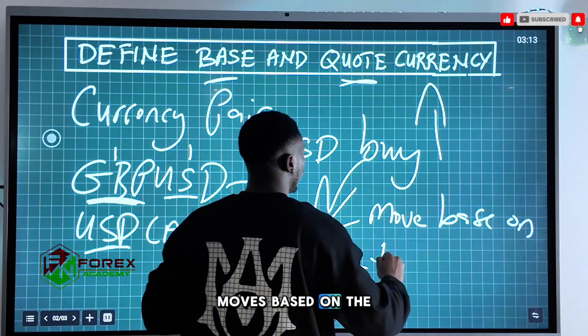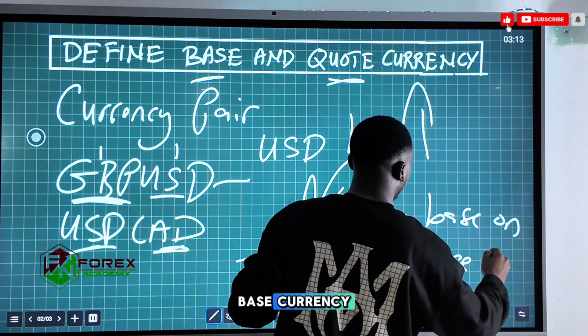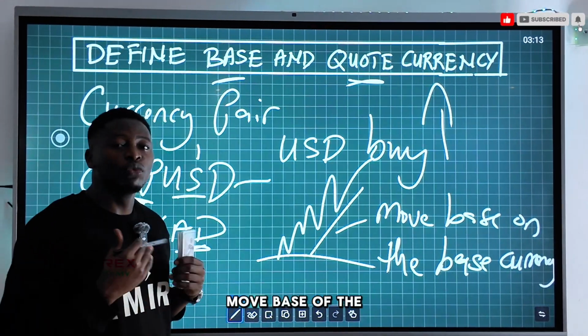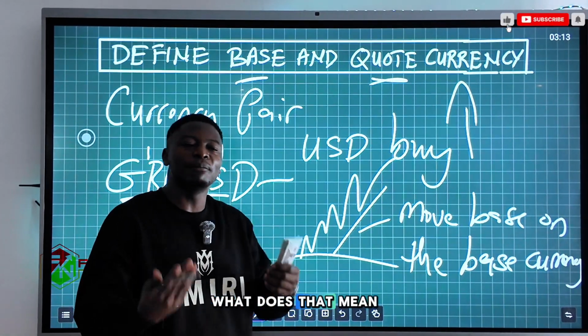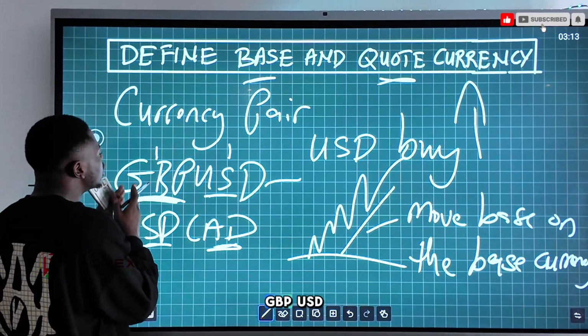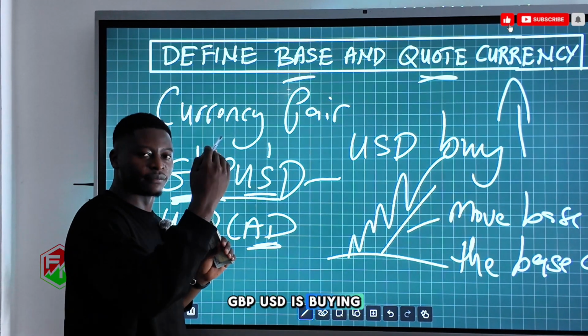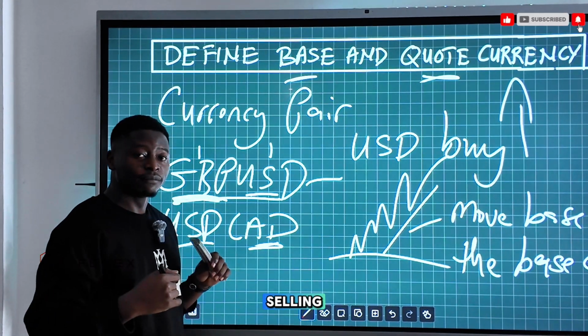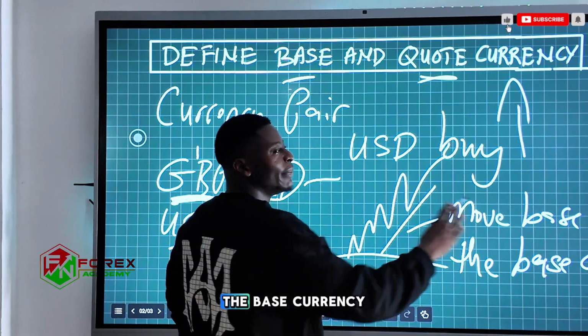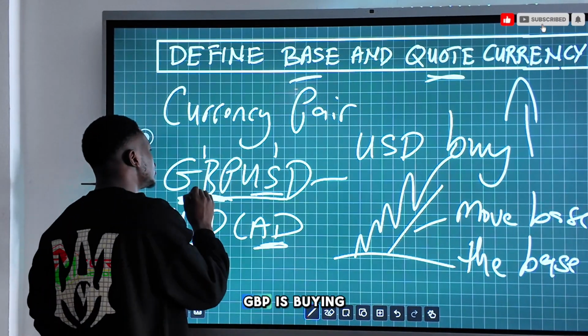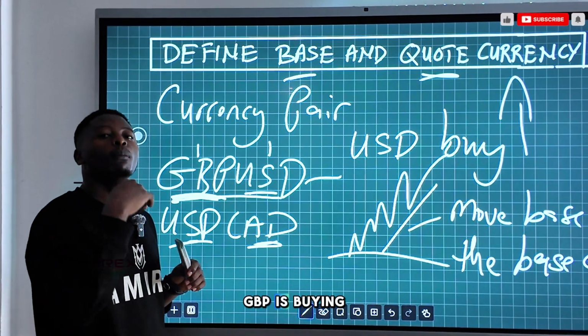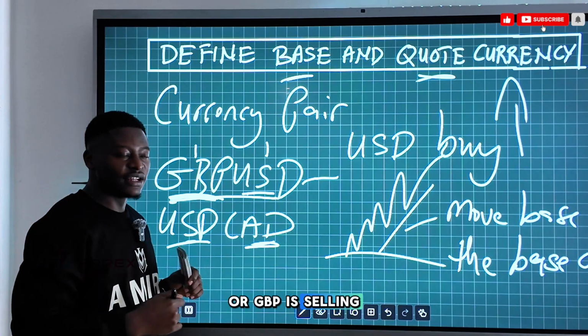So the chart moves based off the base currency. What does that mean? It therefore means that on a pair like GBP USD, if the chart is buying or if it is selling, and we say the chart moves based off the base currency, it therefore means that GBP is buying or GBP is selling.